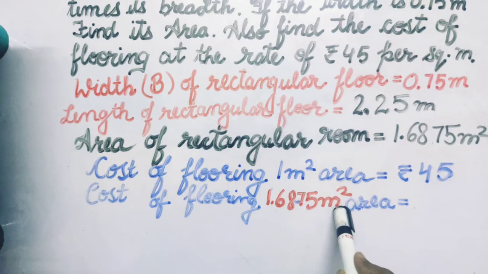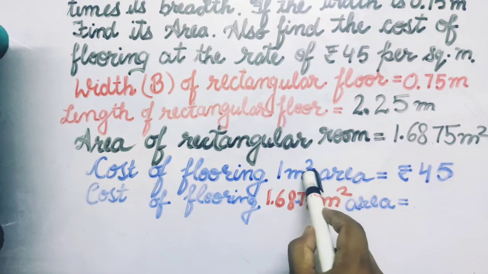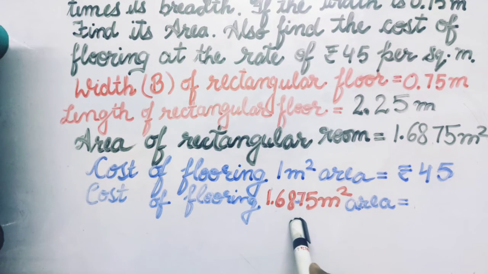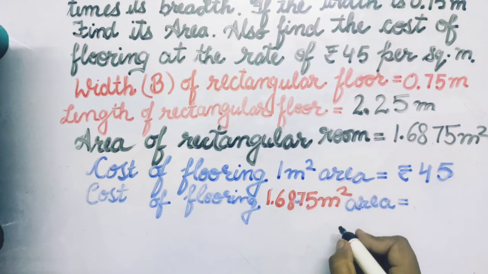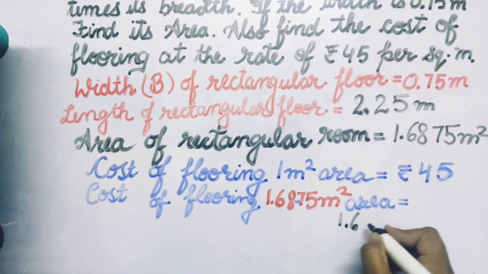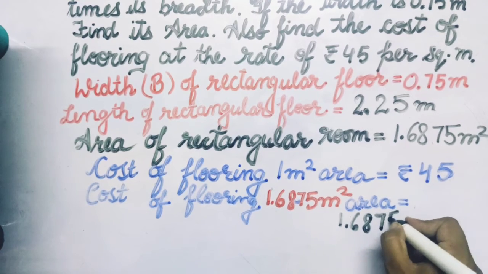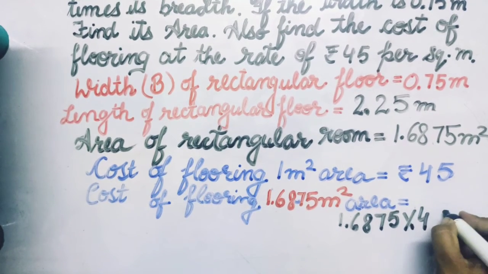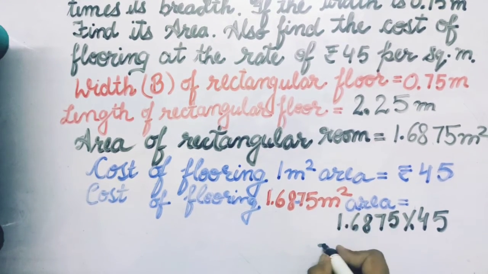Now students, when we are moving from 1 meter square to 1.6875 meter square, or when we are moving from 1 to a higher value, then we multiply. So we will multiply 1.6875 with rupees 45. Students, find the value of this.